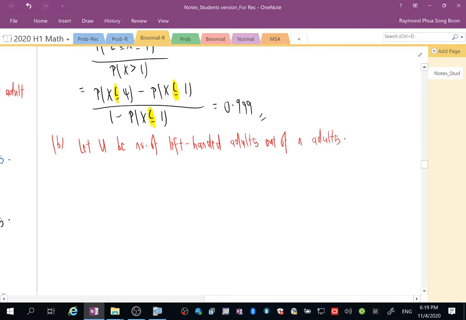So U follows a binomial distribution with parameter n, and probability of success of left-handed adults will be 0.15. So what do we want? We want the probability of obtaining at least 3 left-handed adults to be greater than 0.06. So probability U greater or equals to 3 to be greater than 0.06. Okay, we need to do some conversion to the form where we can use binomial CDF.